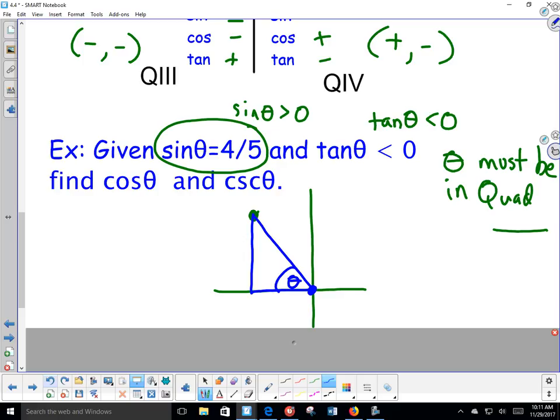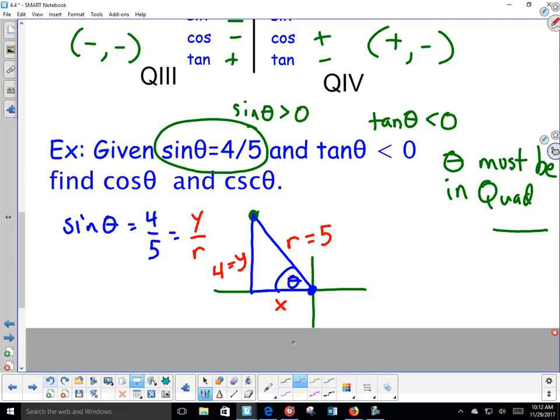And what do we know? If we know that the sine of theta is 4/5, what's our formula for sine? It's y over r. So we can use 4 as our y and 5 as our r. Everybody with me? I know that this is my x, this is my y, this is my r. So I can fill in that the r is equal to 5 and the y is equal to 4.